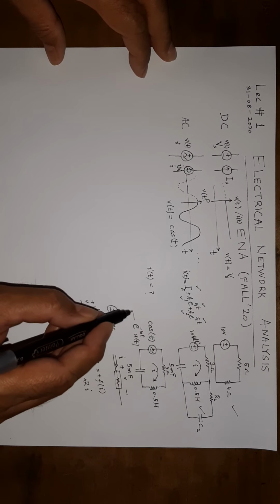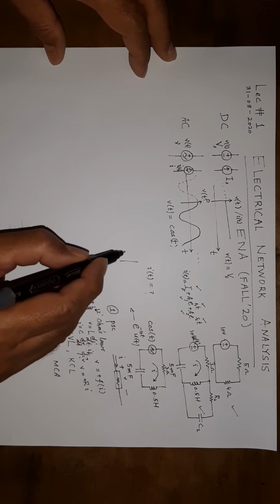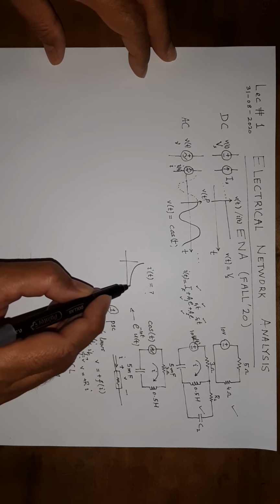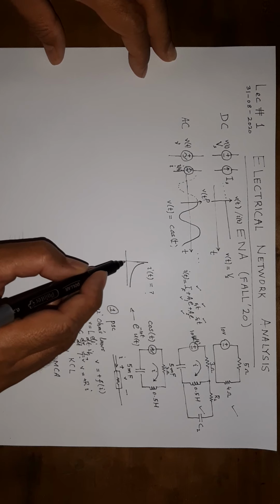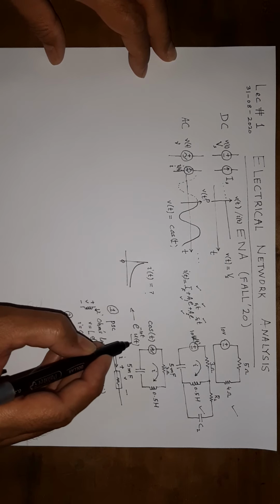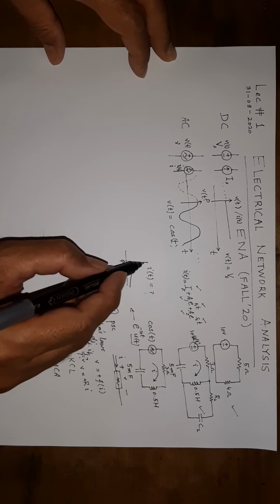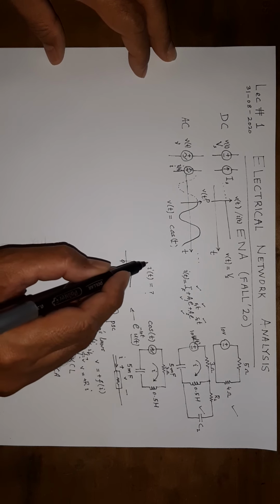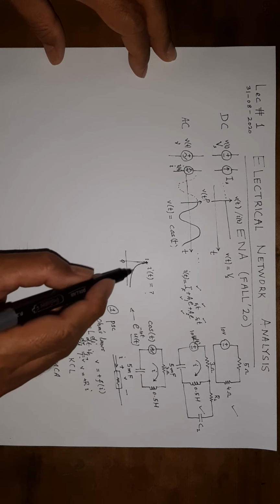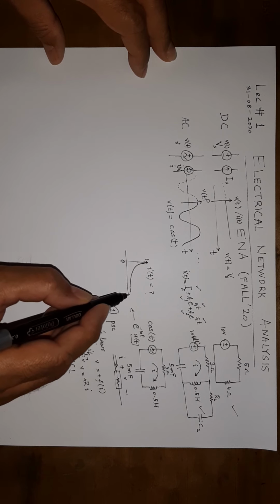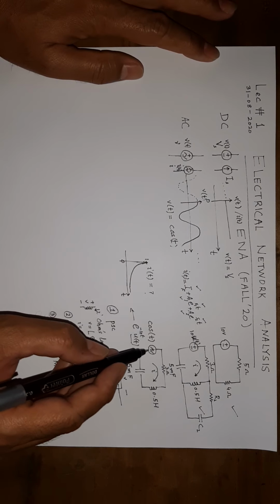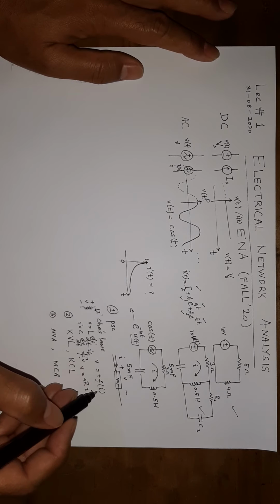Now you can see if we plot this function, it is an exponentially decaying function. It starts at t equal to 0 because of this u(t), and e raised to the power minus t starts when t is 0, e raised to the power 0 is 1. It starts at 1, it decays exponentially and ultimately becomes 0. So if we have such a source in this circuit, how do we solve it?